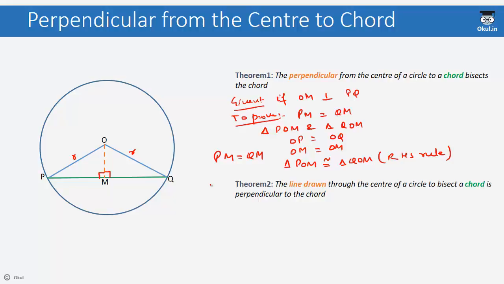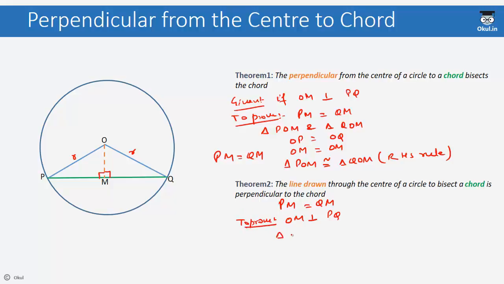So in this theorem, it is given that PM is equal to MQ, and we need to prove that OM, the line drawn from the center to the chord, is perpendicular to PQ.